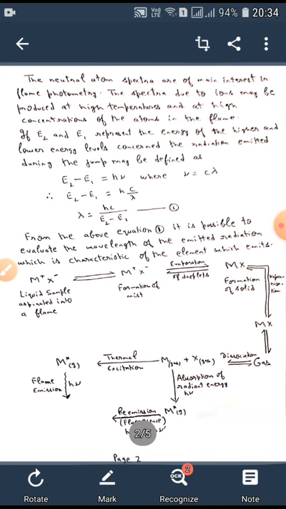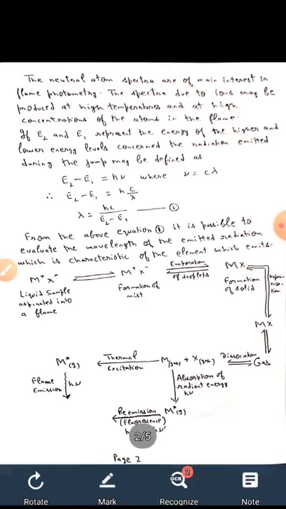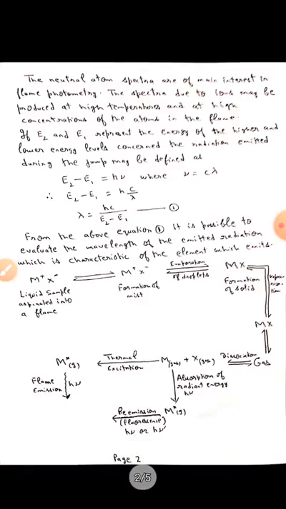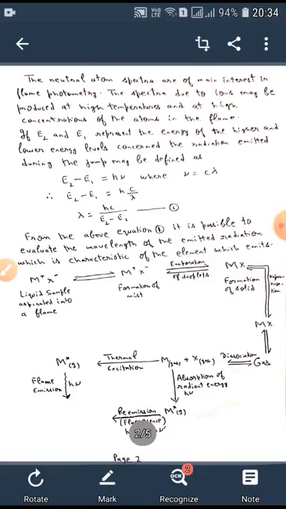Suppose E2 and E1 represent the energy of the higher and the lower energy levels. The radiation emitted during this transition can be defined by the following expression: E2 minus E1 is equal to h nu, where nu is equal to c upon lambda.